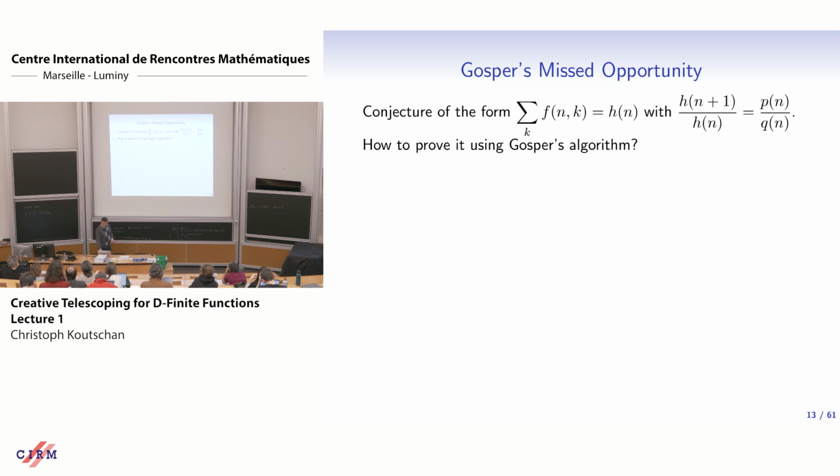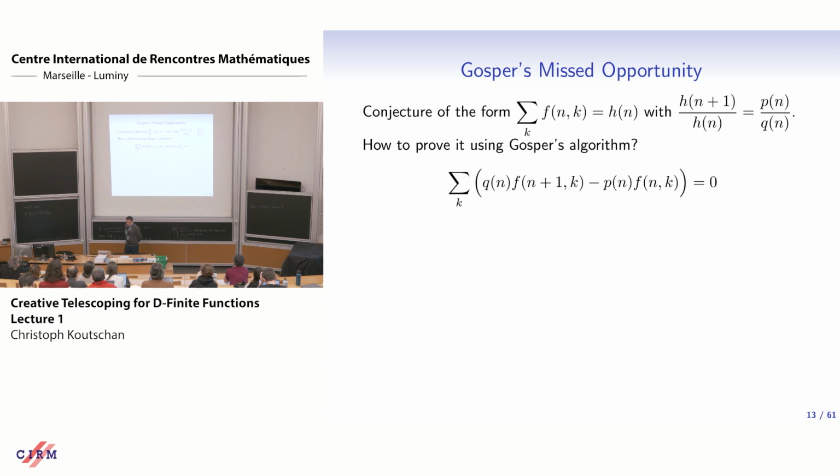How can we use Gosper's algorithm to solve this sum? Well, we rewrite this equation for h, and then we plug in the sum for h. So we get here this sum and here this sum. So next we pull out the sum and we get this equation. So we now have a new identity, namely originally we want to sum over f of n and k, but if we sum over this expression, we expect to get 0.